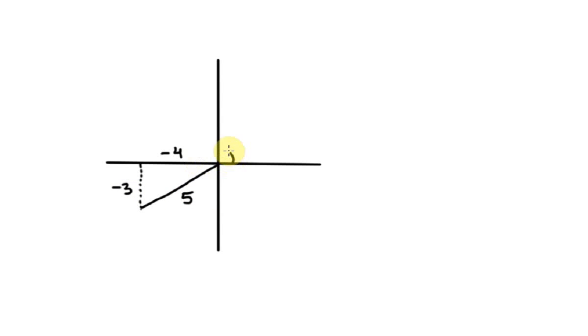Now, theta is technically this whole angle, but it doesn't really concern us because we're going to be building off the reference angle, which is this little guy that's in our triangle. So what do we have here? Well, I think we can probably speed it up. Sine is going to be negative 3 over 5.